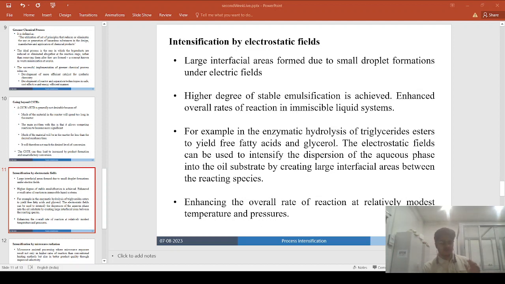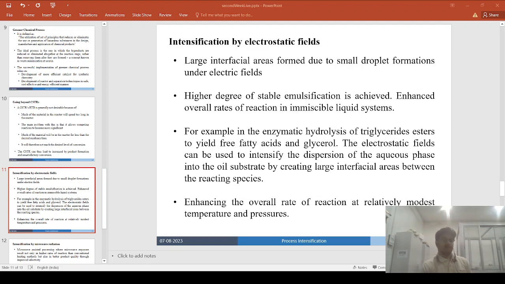The more stable the particular emulsified system is, the longer it will stay as that stable system, and therefore it will enhance the overall rate of reaction in immiscible liquid systems.